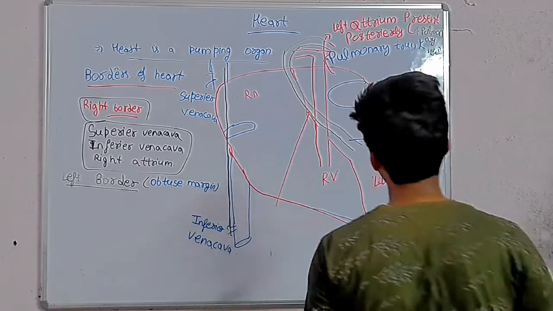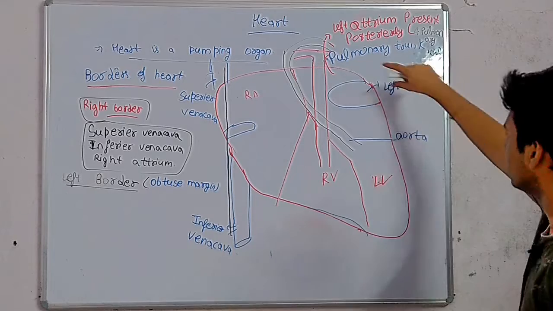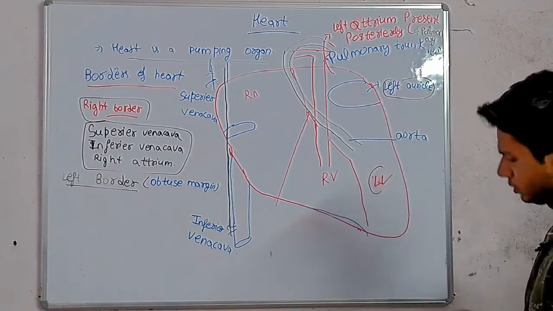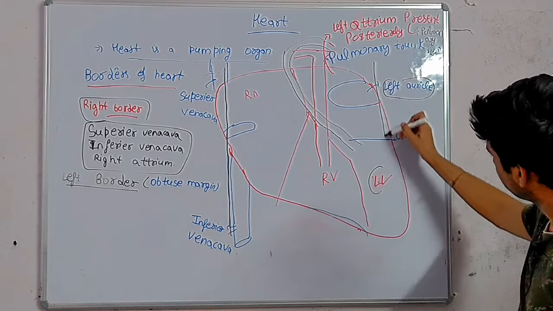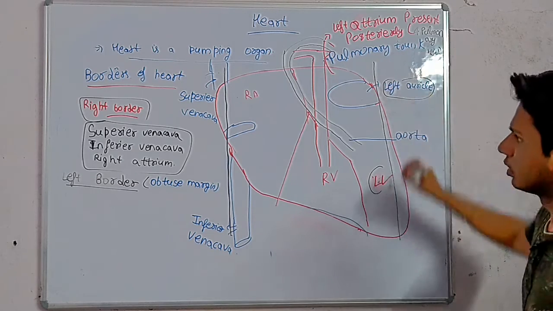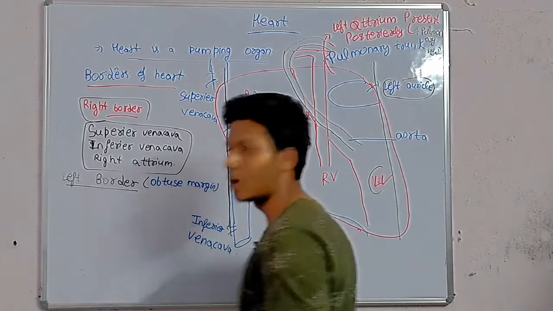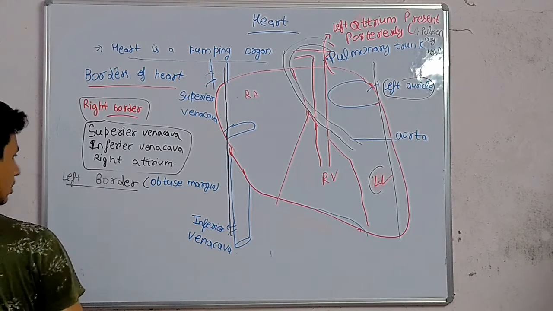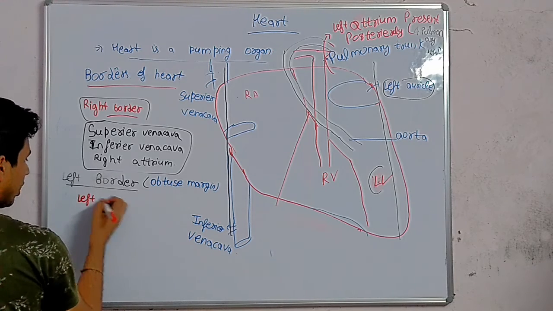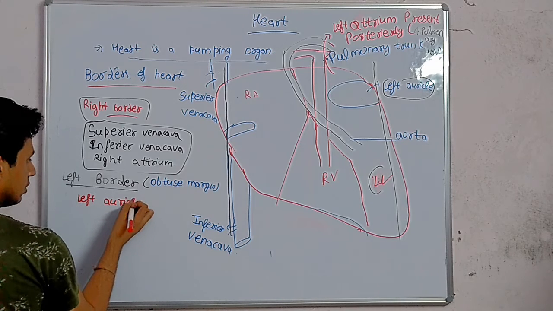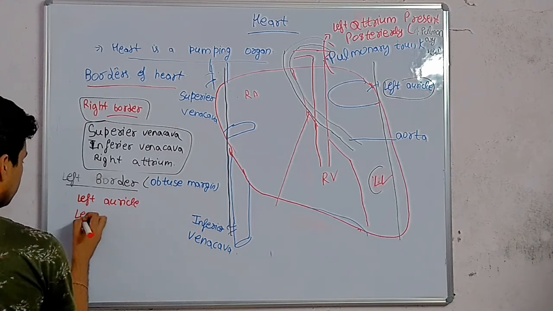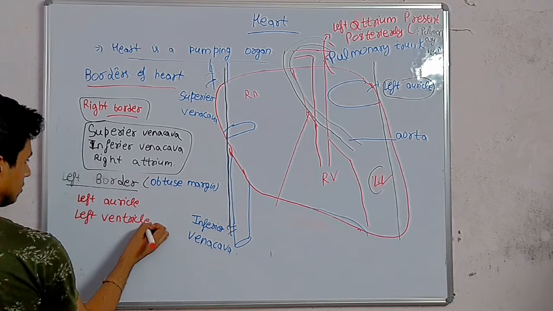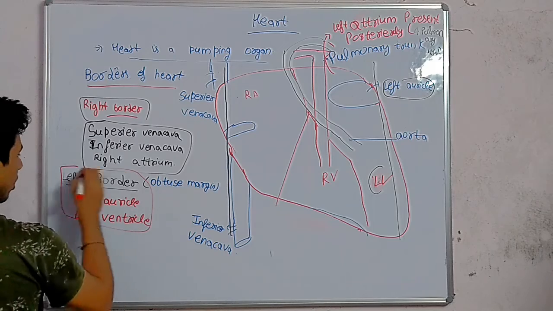Left atrium is present posteriorly. We cover the anteriorly. This is left atrium and left ventricle, this whole line. This forms left border and obtuse margin, containing left auricle and left ventricle.